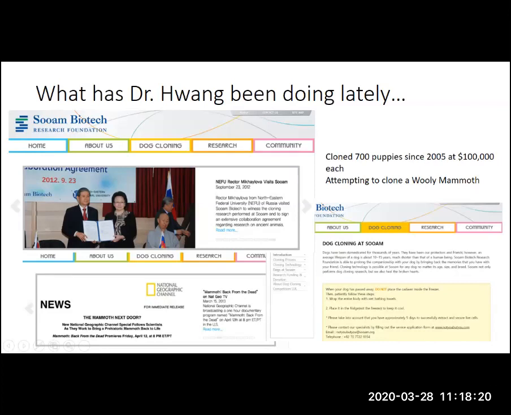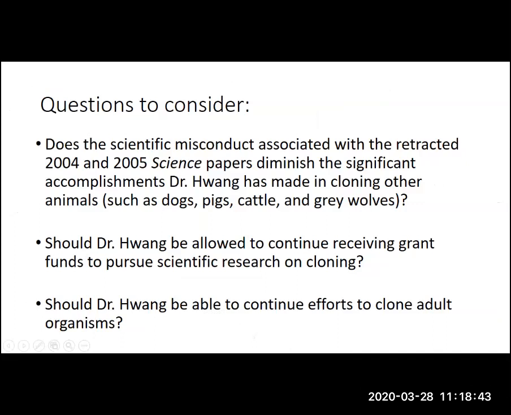So very, very pricey, but you get a genetically identical puppy to what you had. It doesn't say anything about the environment, the raising, the training, and all of that, which may impact the kind of puppy you get and its behavior. So lots of things to consider in this study.